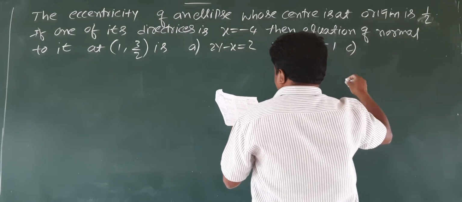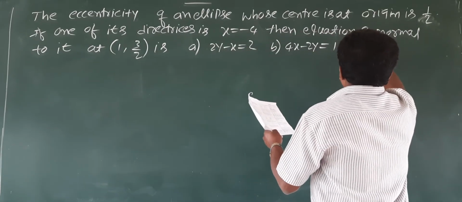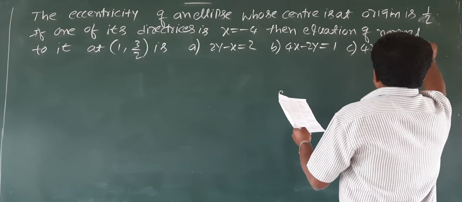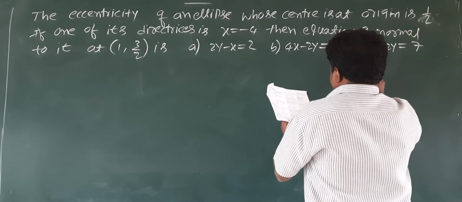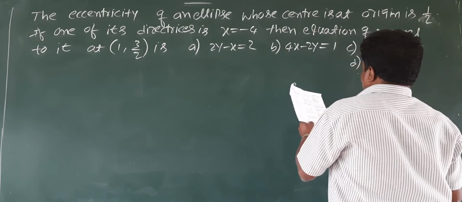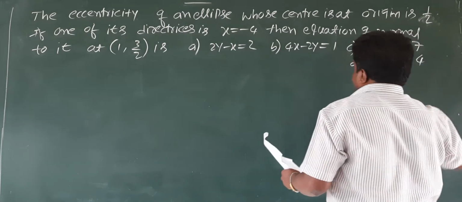Option C, 4x plus 2y equals 7. Option D, x plus 2y equals 4.